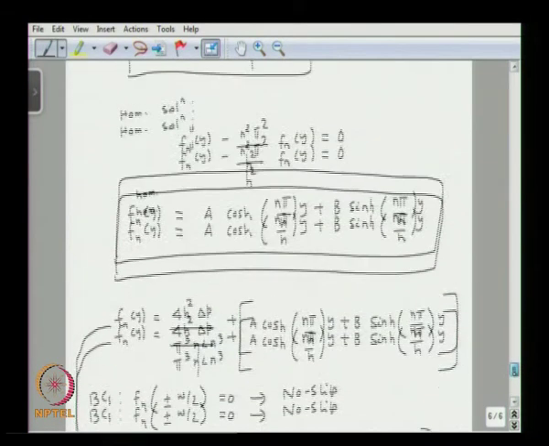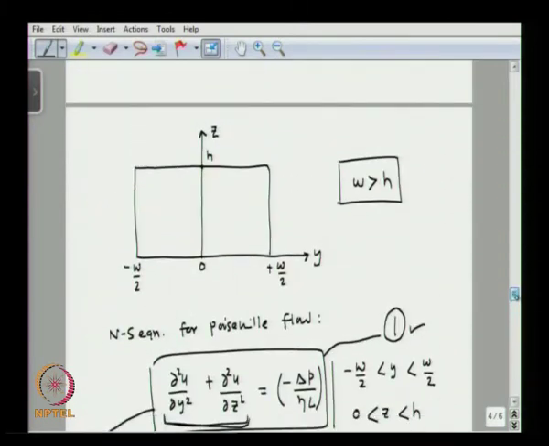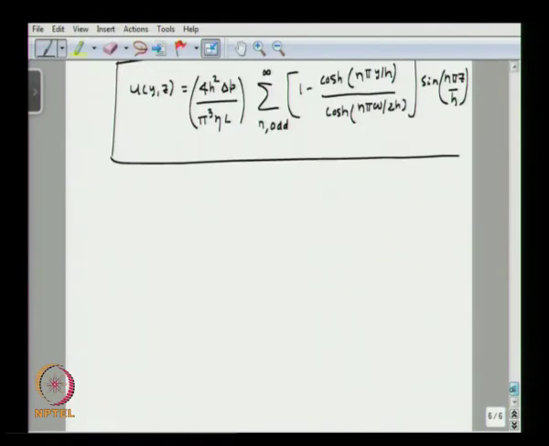Now, if you plot this in this domain, what you would get is this. So, let us say this is our domain, this is z, this is y, what you get is this. Okay.